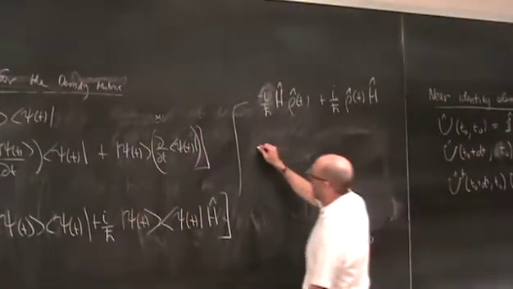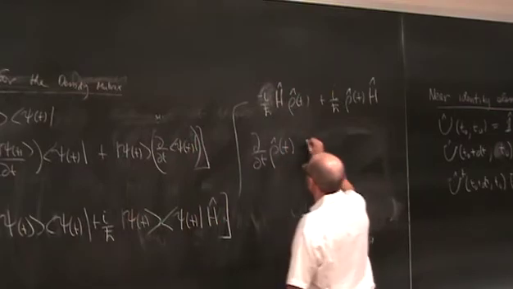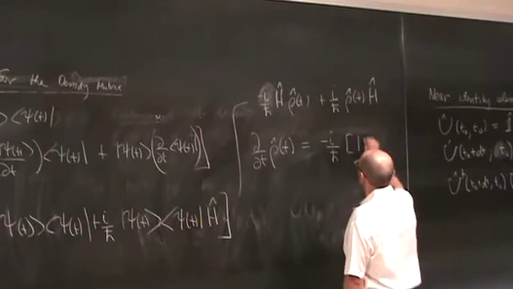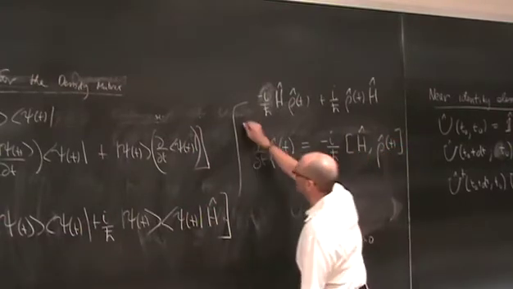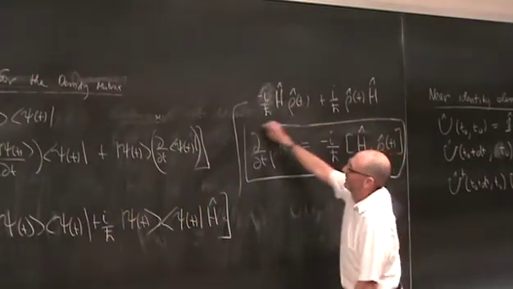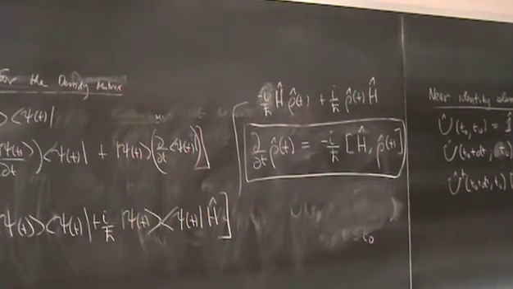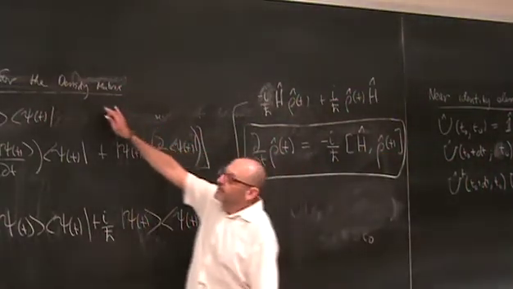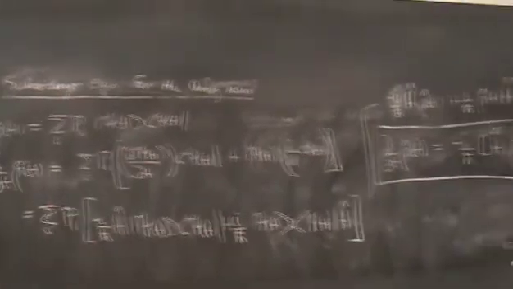And so what we have is that the partial derivative with respect to time of rho is equal to minus i over h bar, the commutator of the Hamiltonian with rho. This is another form of the time-dependent Schrödinger equation. This is Hamiltonian evolution of the state, but it could be initially mixed.